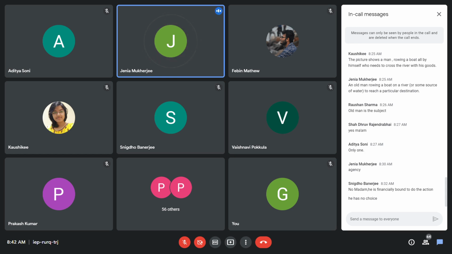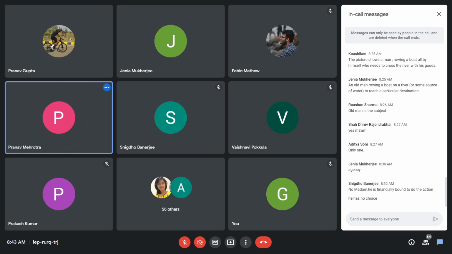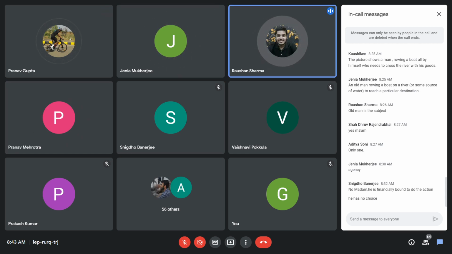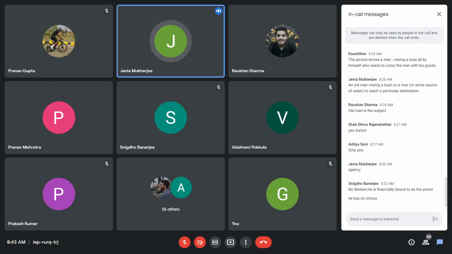And what determines these currents, river currents or tidal currents? The clue I'll give. Achha, Pranav, you try. Otherwise, I'll give a clue. Ma'am, gravitational force. Gravitational force. Okay.